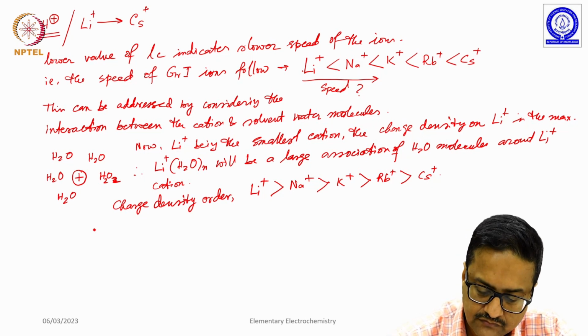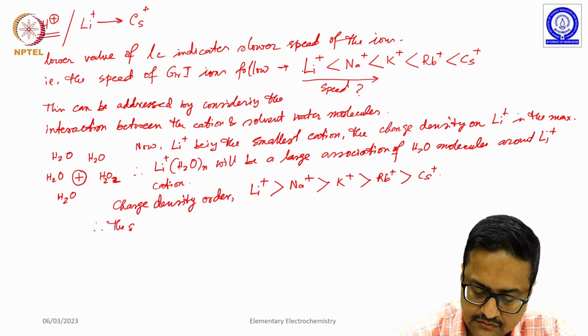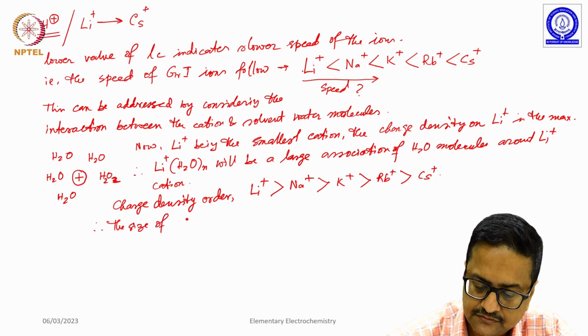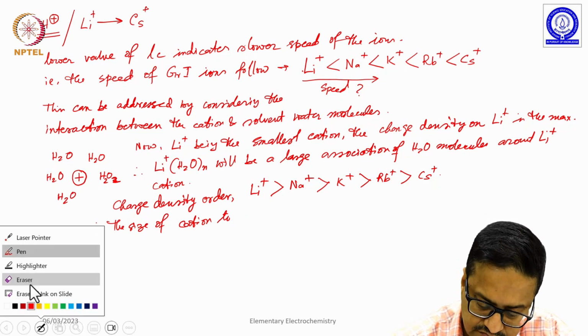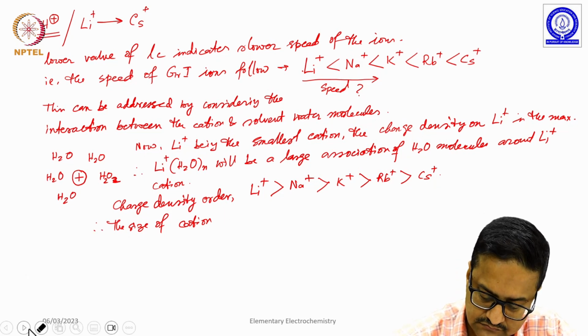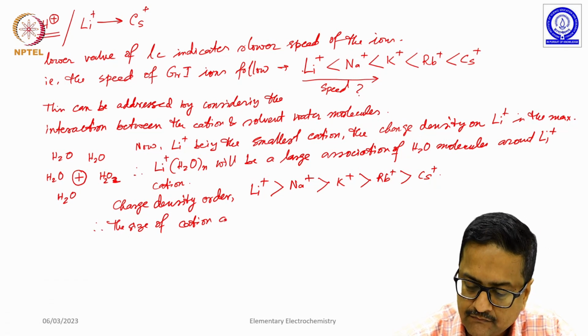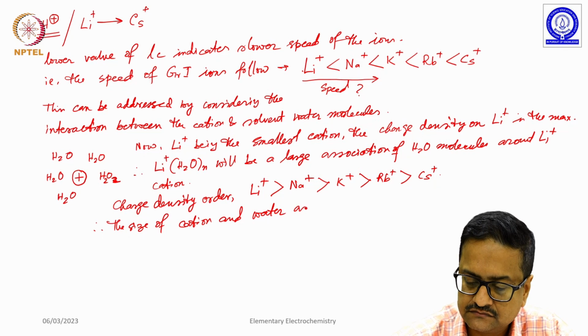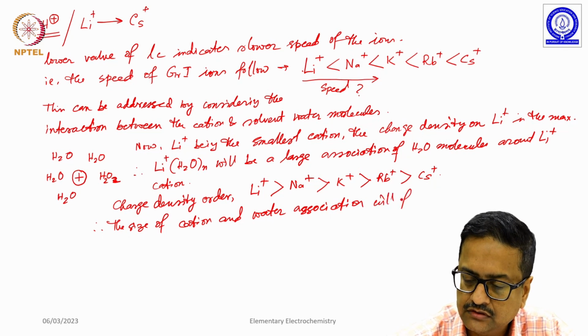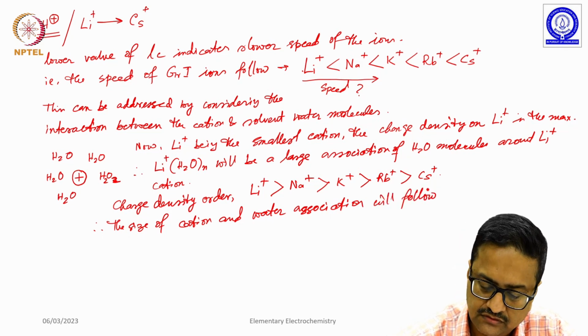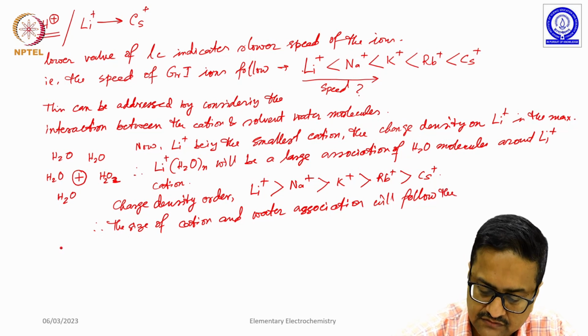So now the size of cation to cation and water association will follow the following order.